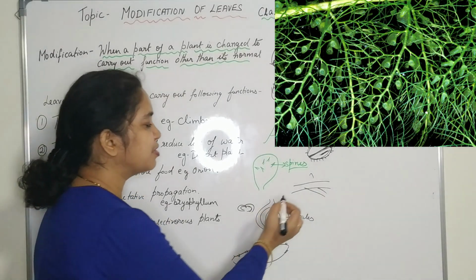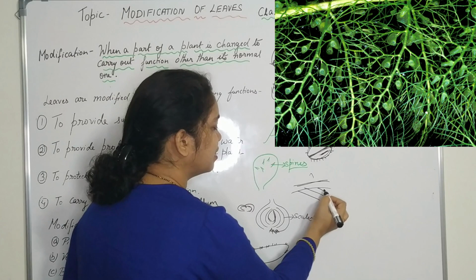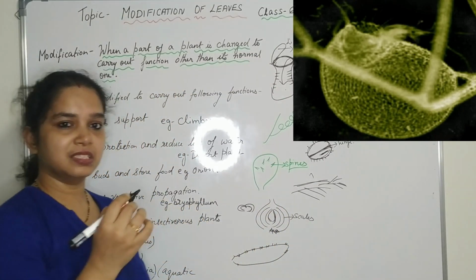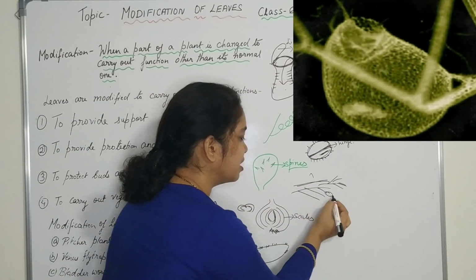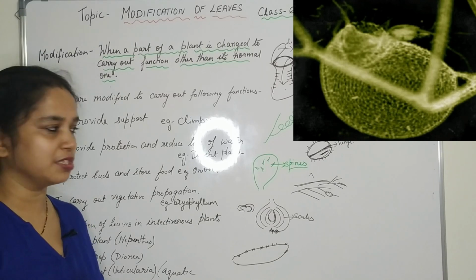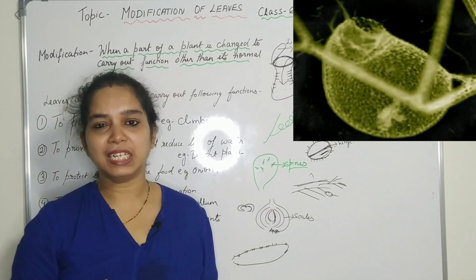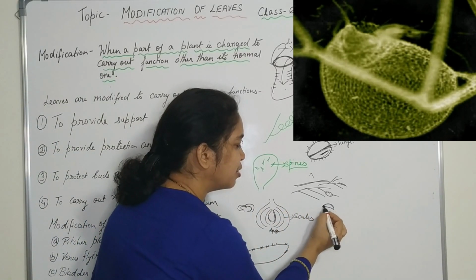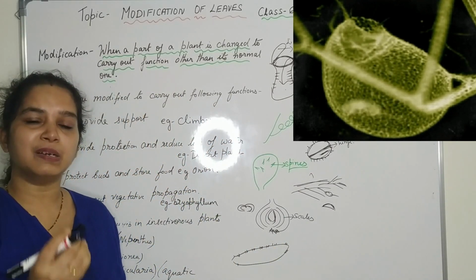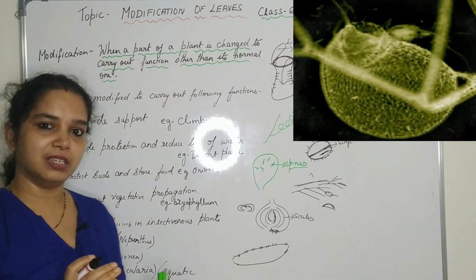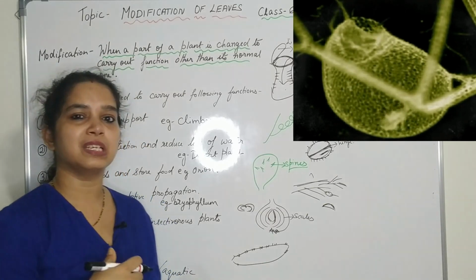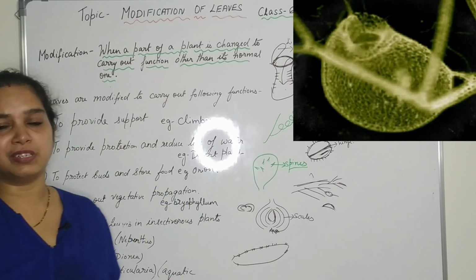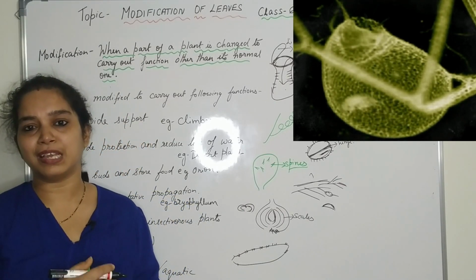The stem is horizontal, and they have very thin divided leaves, and in the leaves they have a bladder-like structure, so it is called bladderwort. It contains hairs inside and has a flap-like closure door, so that when an insect comes in contact with the hair, the door closes, and the insect gets trapped inside. It looks like a bladder, so the name is bladderwort.